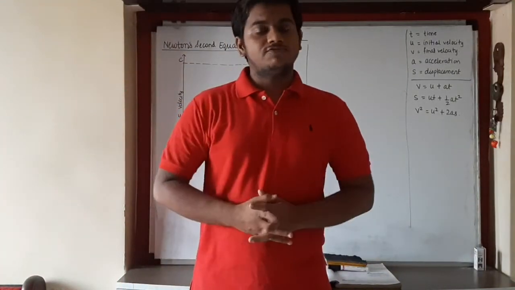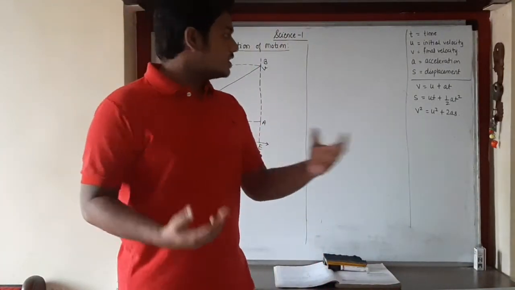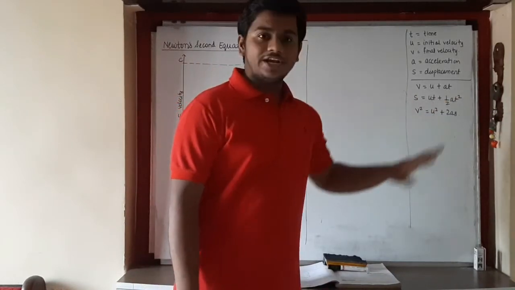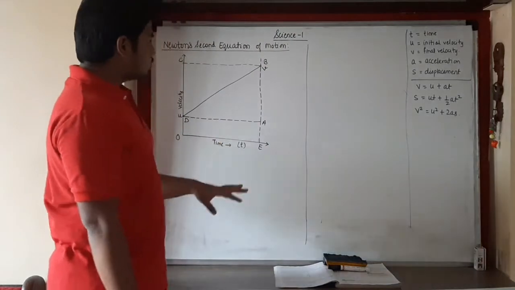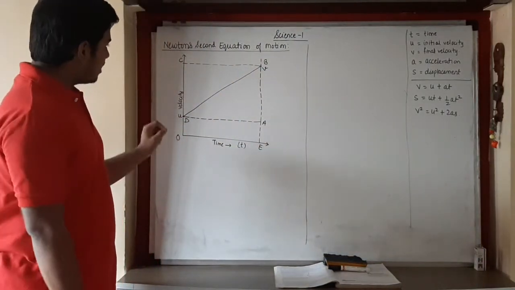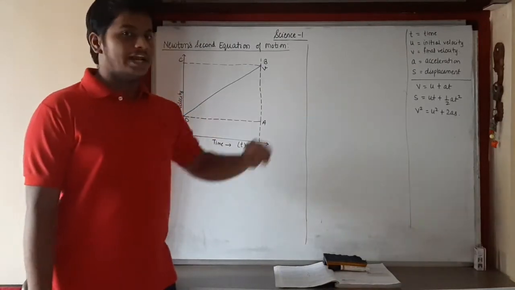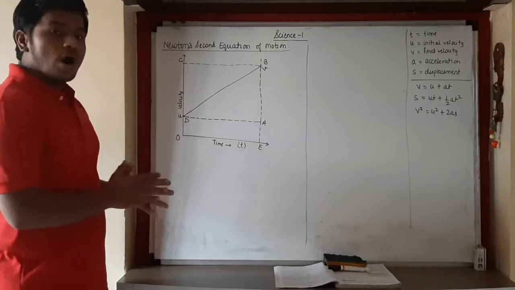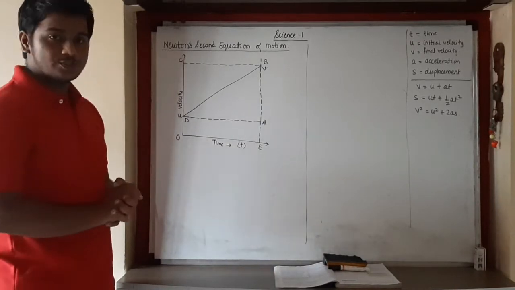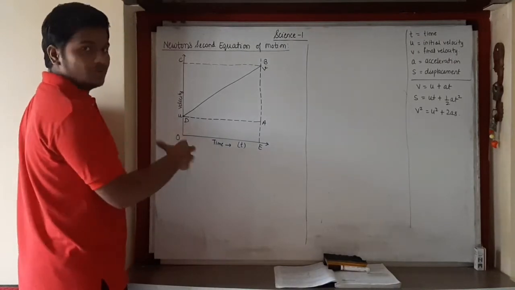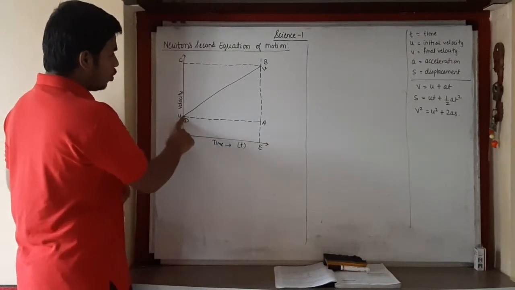Now students, we move towards obtaining the second equation of motion, that is S equals UT plus half AT square. For this derivation we need the same graph again. Actually for all the three derivations we require the same graph. In this graph, how do we represent displacement, students? Displacement is represented by the quadrangle, or what we call a quadrilateral, ODBE.